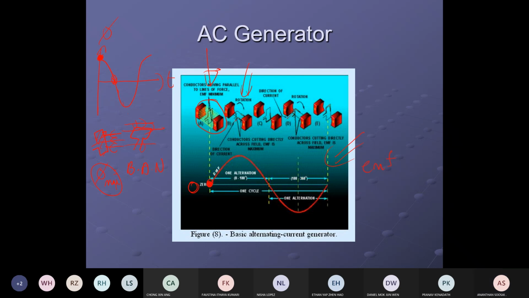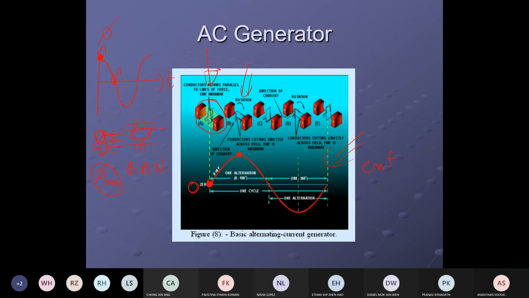The flux is maximum, but the EMF generated is zero. So this is the point I'd like to highlight: when the flux is maximum in the AC generator, the EMF will be zero. When the coil is flat, meaning the flux is zero, the EMF generated is maximum. Okay, why?